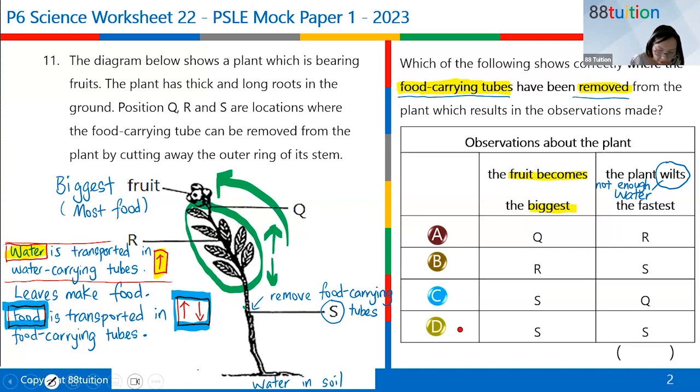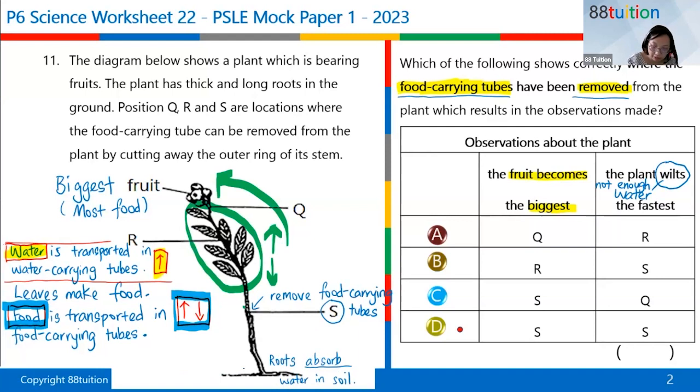Okay, I have to rewrite, so let me write here. The roots. What the key word is here is absorb. The roots absorb the water in the soil.